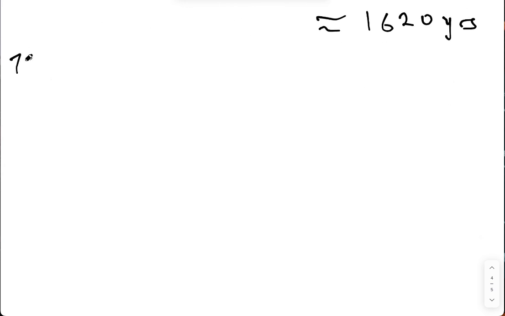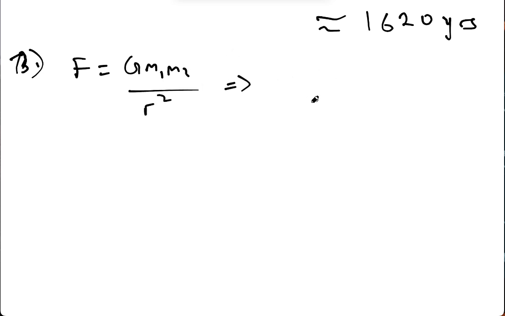So to question 73, the values of x and y respectively for the gravitational constant. For the dimension of the gravitational constant, we know that F equals G m1 m2 over r squared. So G will be equal to F r squared over m1 m2.